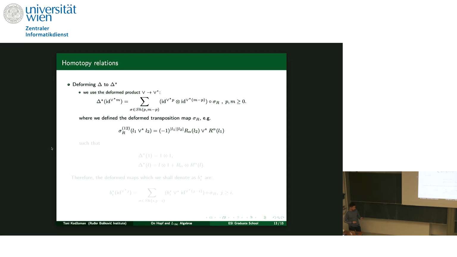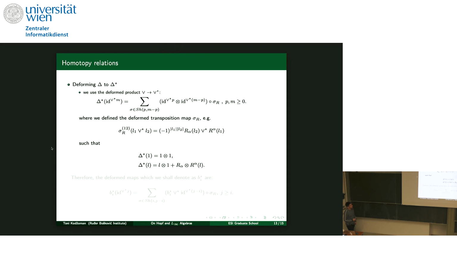Once again, a non-trivial example on two elements: previously it just inverted the two elements. Now it also inverts the two elements, but inducing the R matrix.